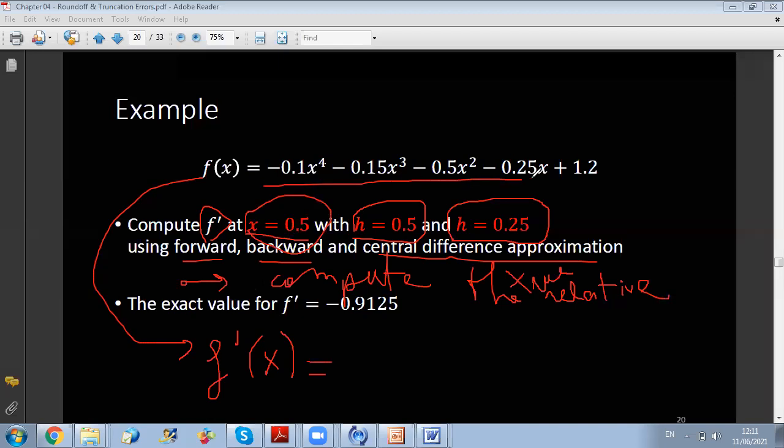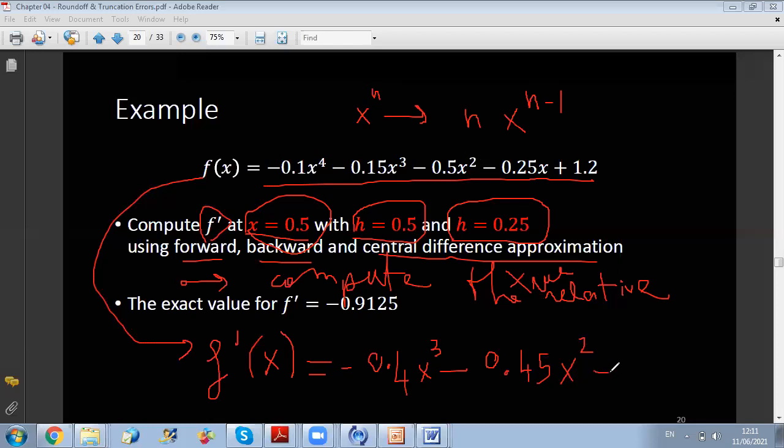So just the general rule to derive, for example, if you have x to the power n, the derivative will give you n times x to the power n minus 1. So if I derive f of x, I will get minus 0.4 x cubed, minus 3 times 0.15, which is 0.45 times x squared, minus 2 times 0.5x, so it's minus x, and minus 0.25.